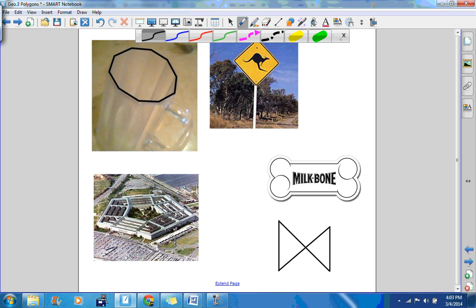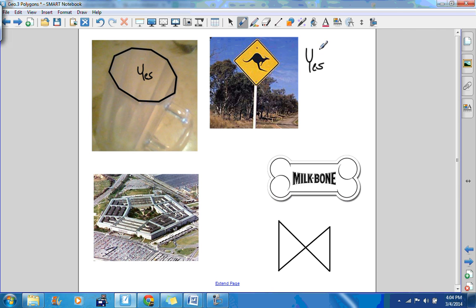So the question becomes, are the shapes that are shown polygons? For example, this one here, yes, is a polygon because it's closed and all the sides are equal to each other. The sign up here at the top, yes, would also be a polygon. All the sides are closed and they're all straight lines. The pentagon would be a polygon as well.